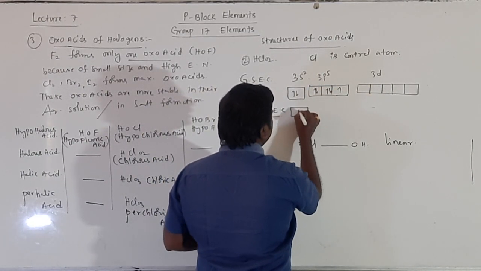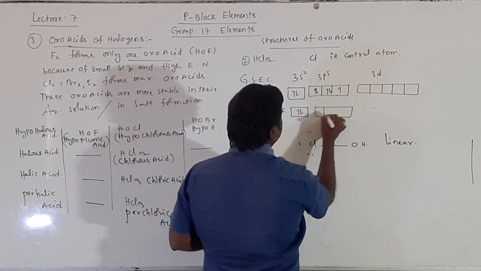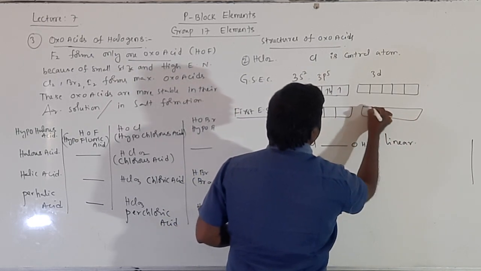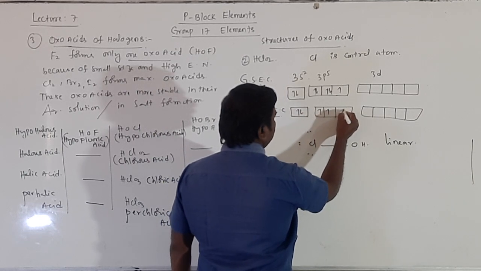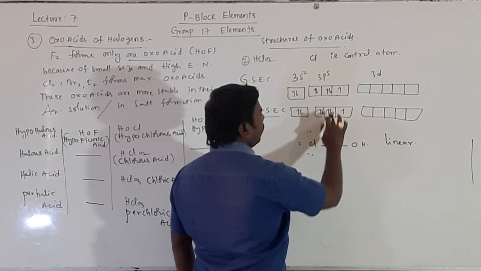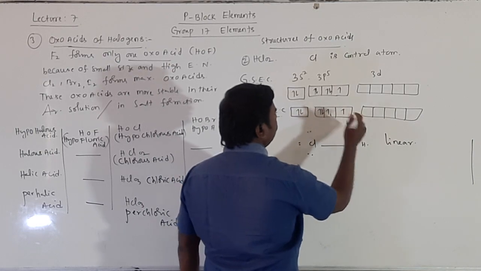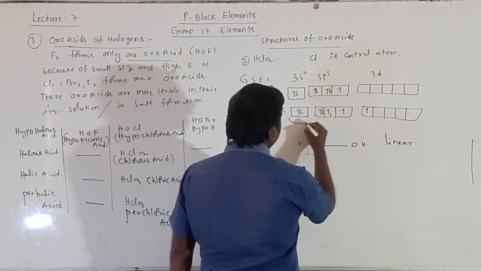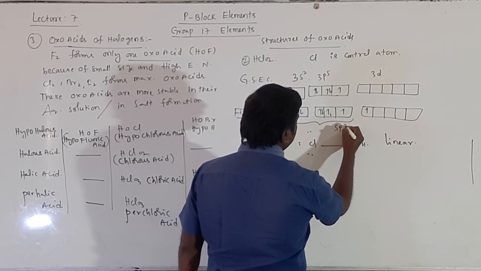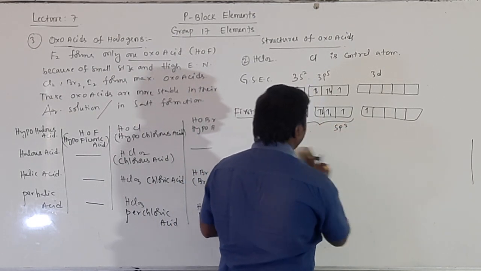Now we have 1, 2, 3, 4, 5. This fifth electron shifts to this one. Okay, students. Again undergoes sp3 hybridization only.